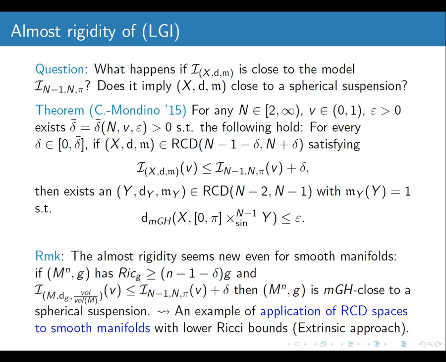My feeling would be like that, but maybe it is over an RCD space that in principle can be non-smooth. I don't know, maybe it's very strong. I don't have a feeling on that, but it's an interesting question.